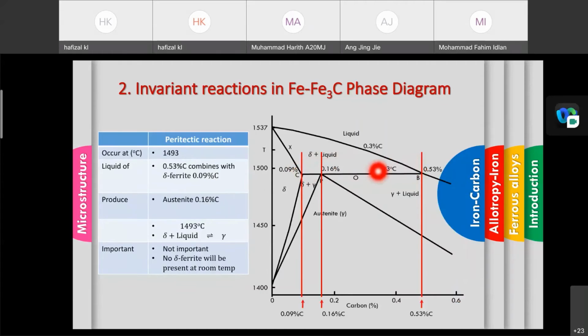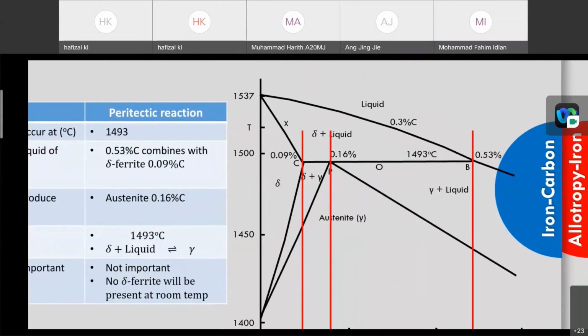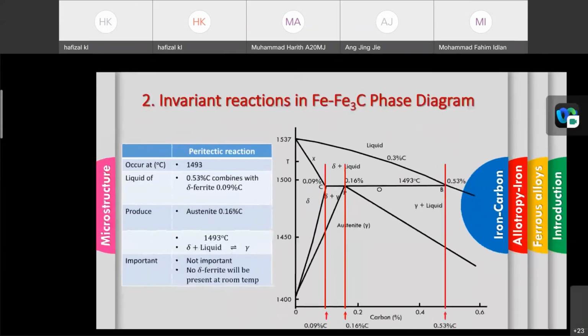At this point, we have a temperature of 1493, where a lot is happening in terms of curve and line. We can see three points involved here: point C, point B, and point P. Along the way, we have the transformation of the liquid and solid solution.